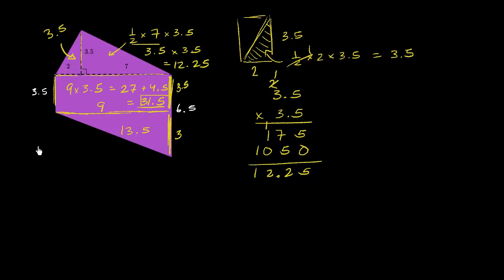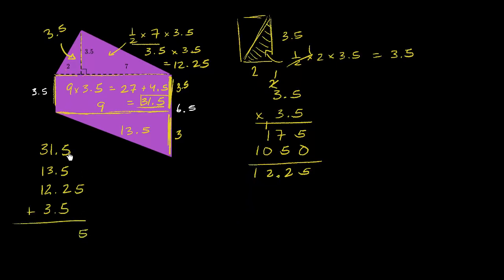So we have 31.5 plus 13.5 plus 12.25 plus 3.5 here. So we just have a 5 here in the hundredths.